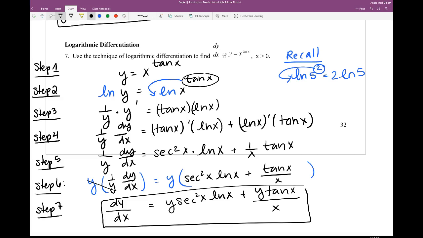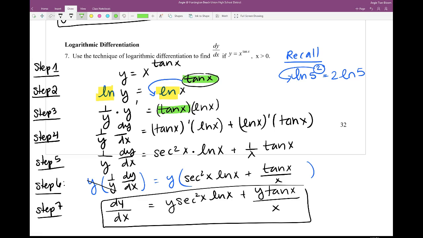Using the technique of logarithmic differentiation to find the derivative, the most important piece is you always go in and compose natural log. Then another piece you need to know is that in natural log and in log, if you have an exponent, and that's the whole reason why we are using natural log or log, all the exponents become multiplication.